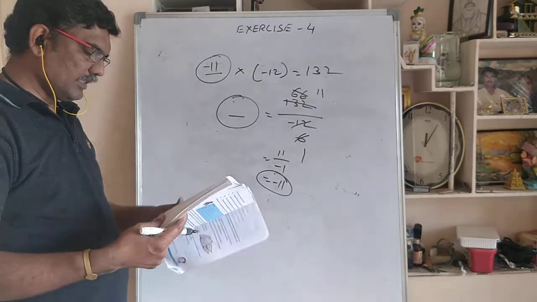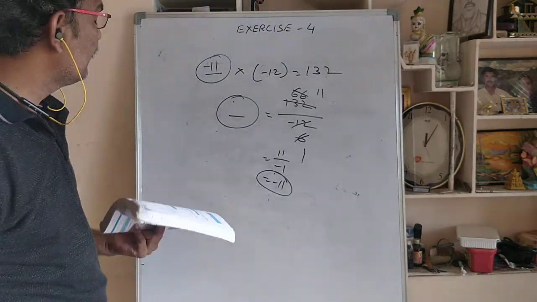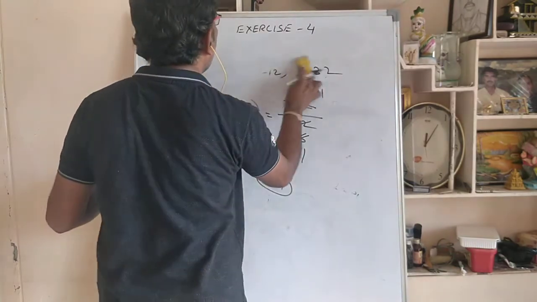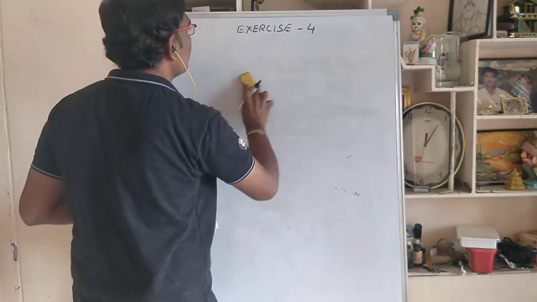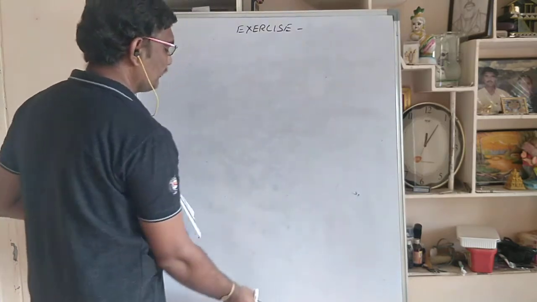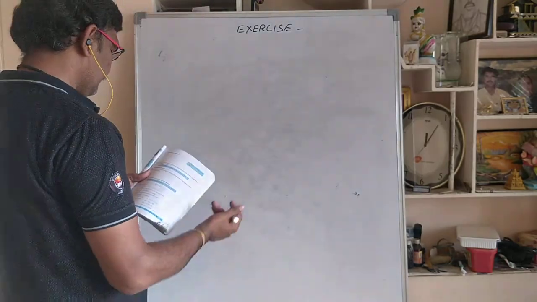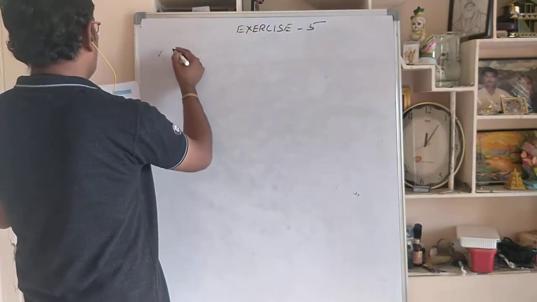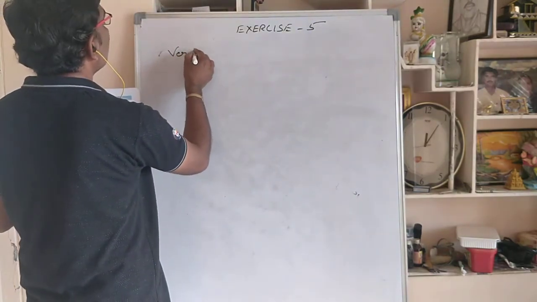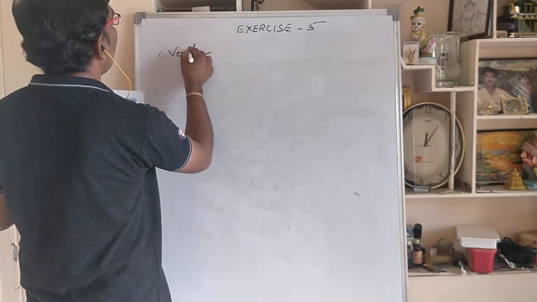Next, we will go for the next exercise. What is the next exercise? Exercise number 5 is there. In that exercise number 5, checking is there, verification. Verify. What is he saying? He is asking to verify.